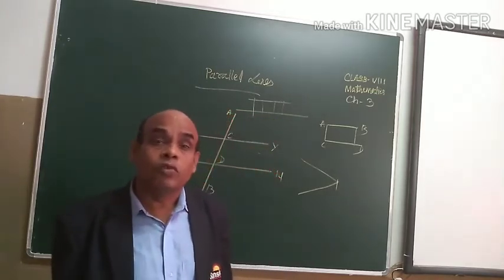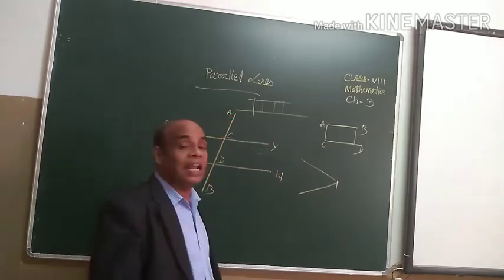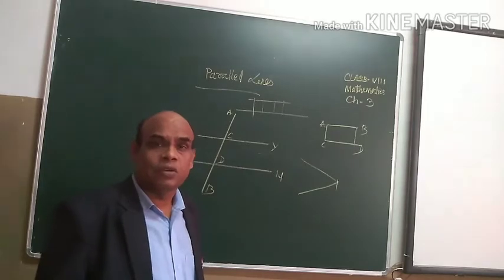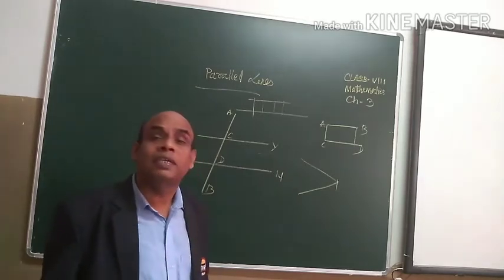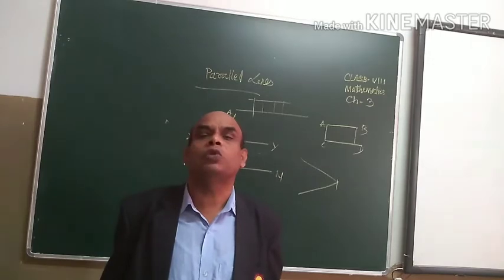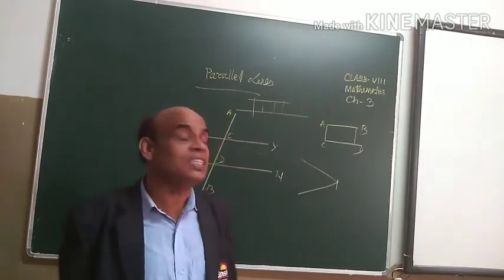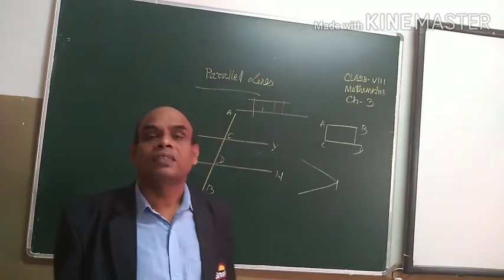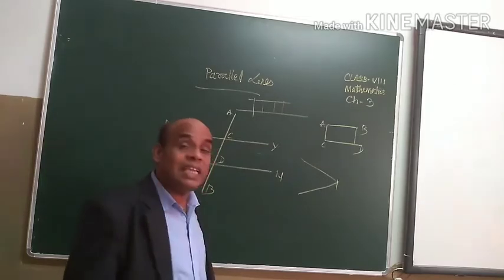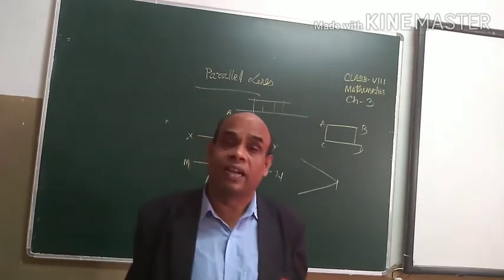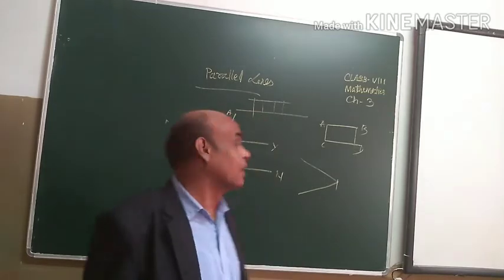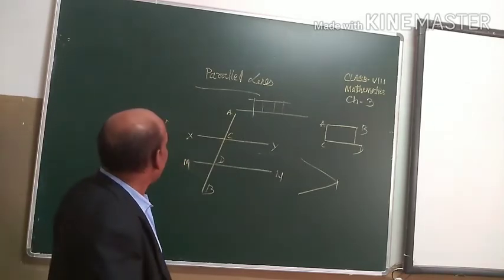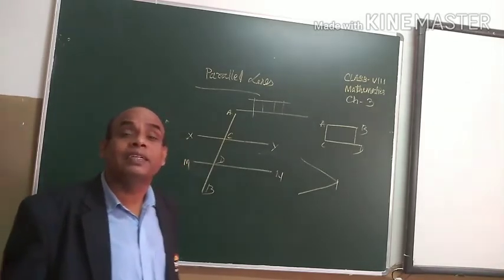When a line intersects two parallel lines, XY parallel to MN, so that you can say AB is called the transversal, which meets the line XY at the point C and the line MN at the point D.